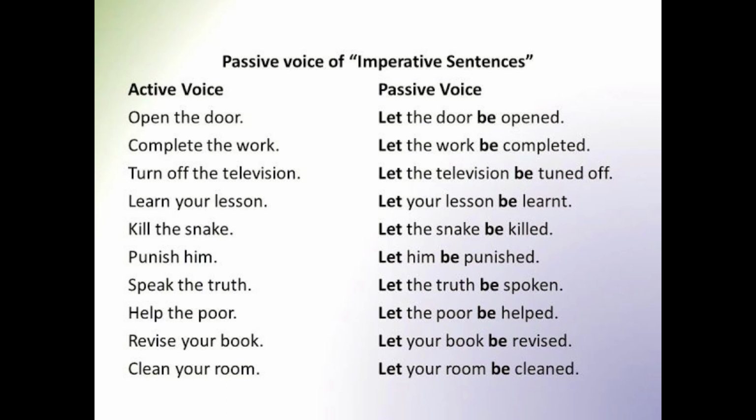Yes, first of all you go: open the door, let the door be opened; complete the work, let the work be completed; turn off the television, let the television be turned off; learn your lesson, let your lesson be learnt; kill the snake, let the snake be killed; punish him, let him be punished, be plus V3; speak the truth, let the truth be spoken. All the verbs in passive are written in the third form, past participle form. Which form? Past participle form, V3.